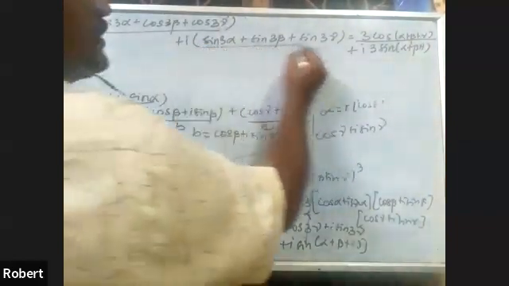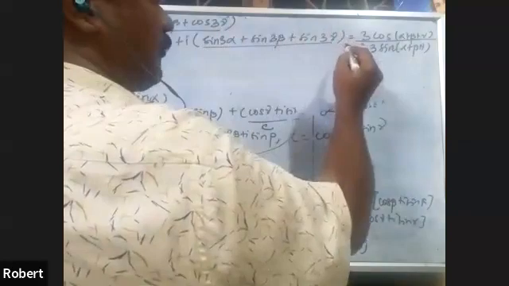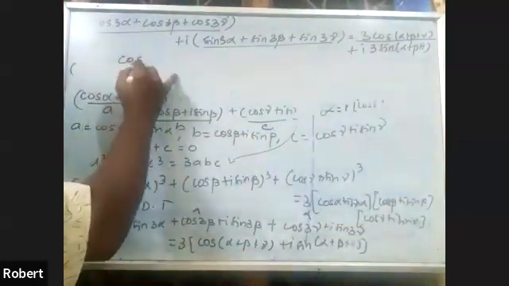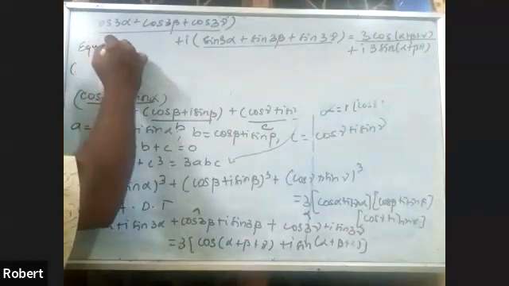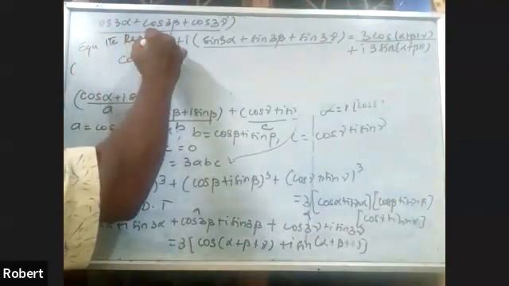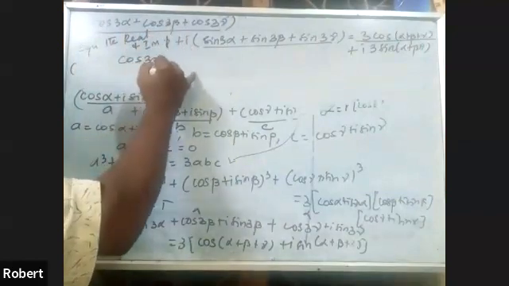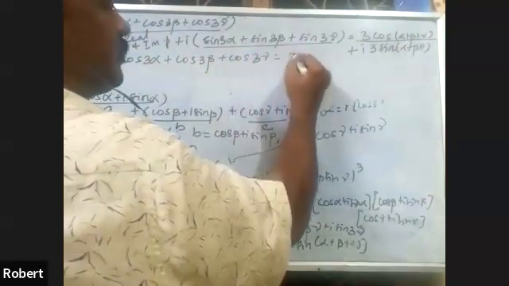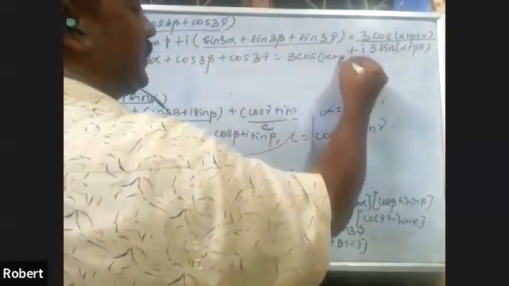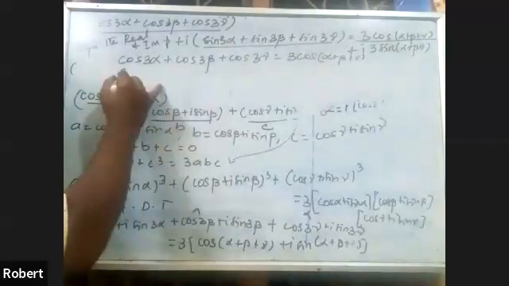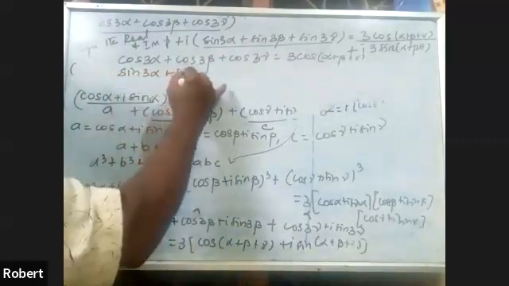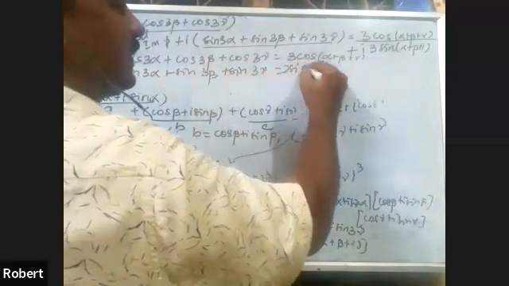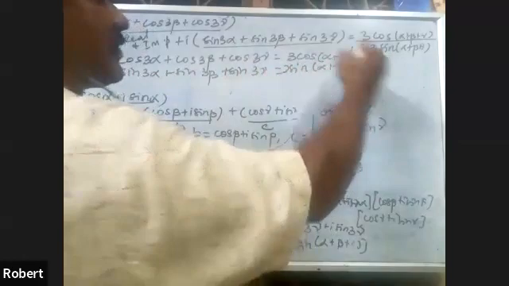The imaginary part is sin 3 alpha plus sin 3 beta plus sin 3 gamma, and on the other side it is 3 sin (alpha plus beta plus gamma). Comparing and equating the real and imaginary parts, we get cos 3 alpha plus cos 3 beta plus cos 3 gamma equals 3 cos (alpha plus beta plus gamma), and sin 3 alpha plus sin 3 beta plus sin 3 gamma equals 3 sin (alpha plus beta plus gamma), which is proved.